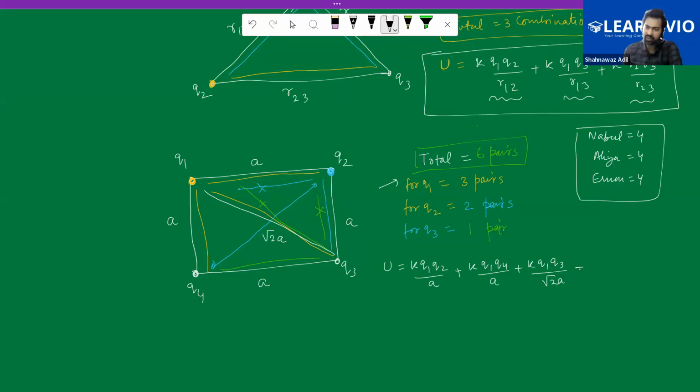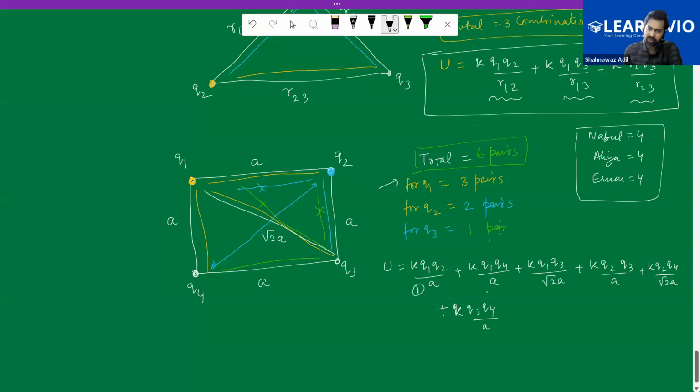And then for Q2, I have K Q2 Q3 by A, and K Q2 Q4 by root 2 A. And then lastly, I have K Q3 Q4 divided by A. So 1, 2, 3, 4, 5, and 6 combinations.